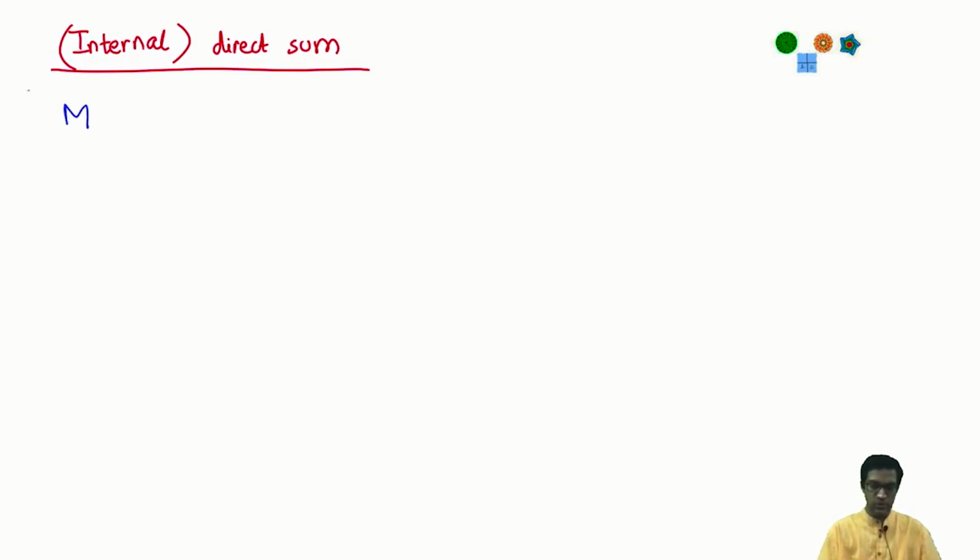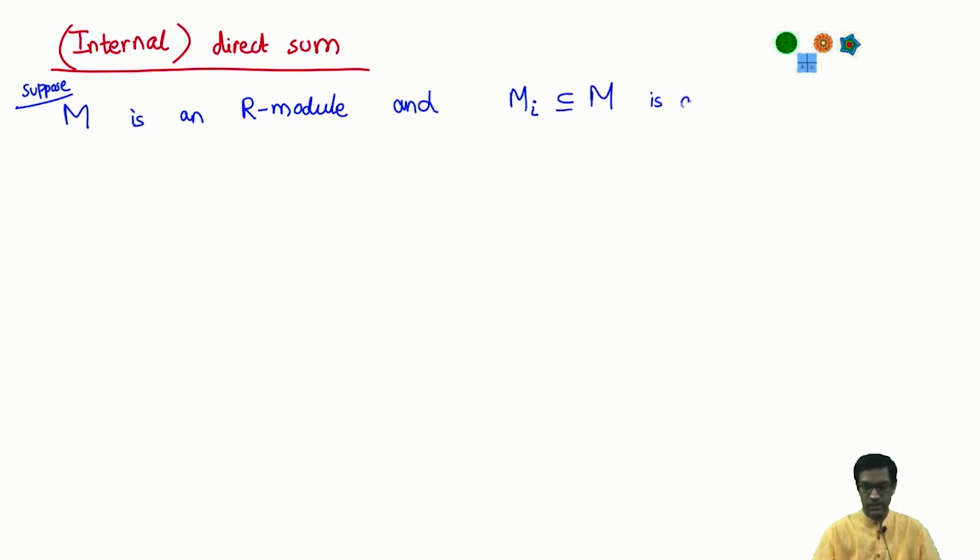So suppose M is an R module, and I have a collection of submodules of M. Mi is a submodule of M for all i from 1 to k.